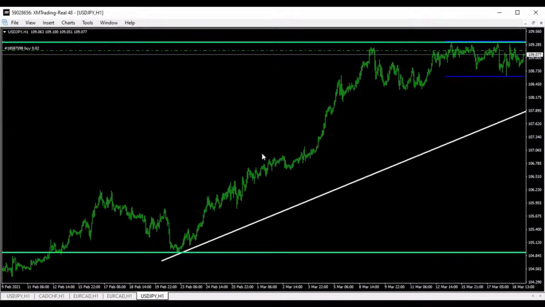We have it. But let's go and edit it and make it 200. Support resistance, let's say it is 200. Okay, this is 200. We have 500.